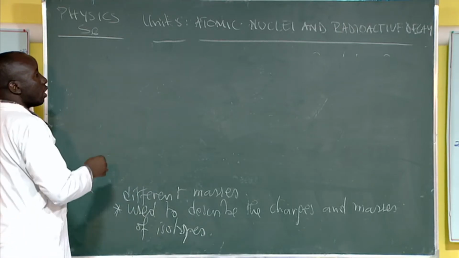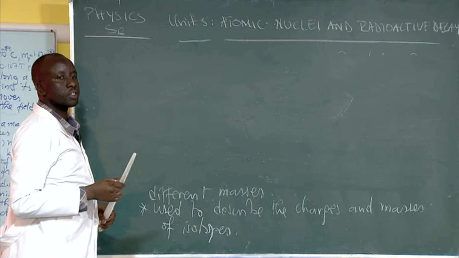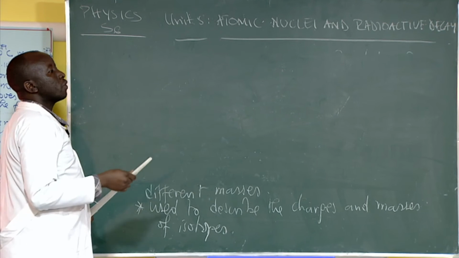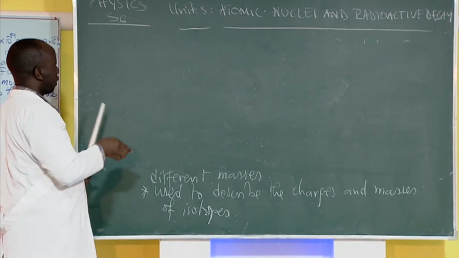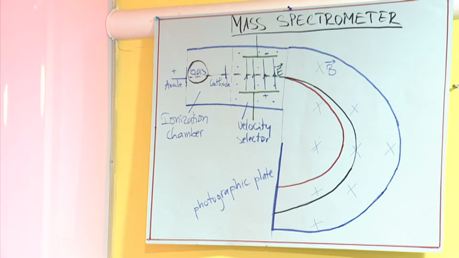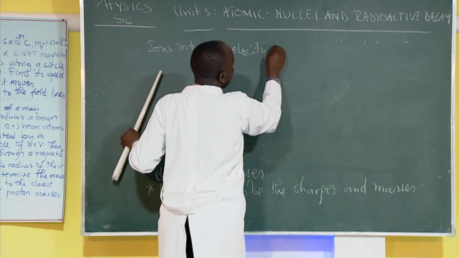When the ions are ejected from the ionization chamber to the velocity selector, what we have there are the two fields. It means that there will be ions in the velocity selector.